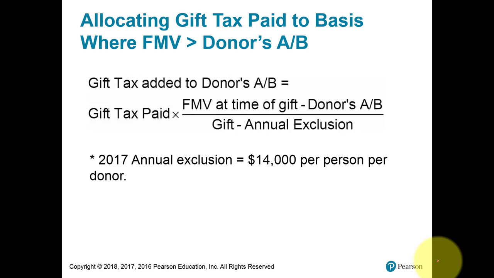But if you have a rich client, or even yourself, hopefully, you're giving away $1 million of gifts, then you're probably going to have to pay gift taxes. And here it says that possibly part of that gift tax is going to be added to the basis of the property you're giving. So the donee will get an additional cost to deduct if they eventually sell that property.